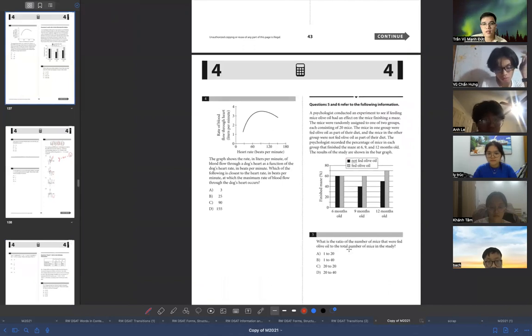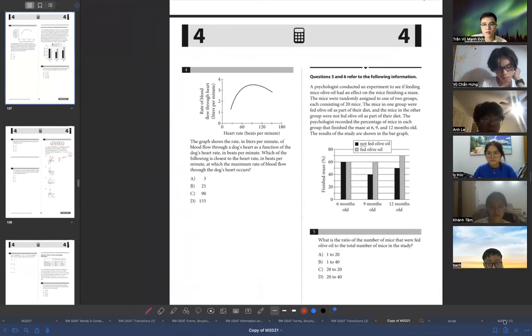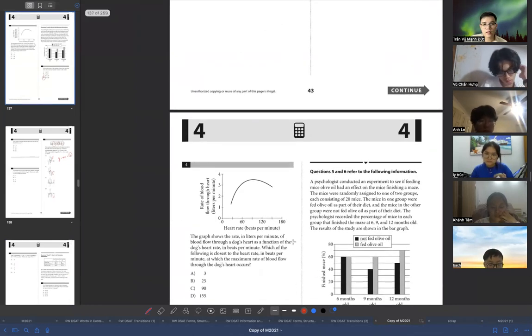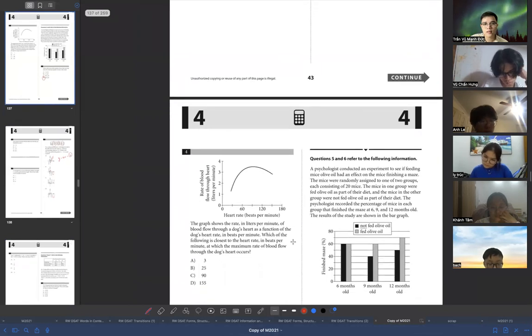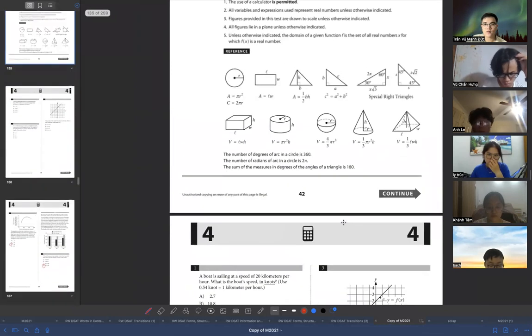And yeah, this one is D, 5D. 5, 6, and 4 is D. And this one, 4 is what? C, is it? 4C. Yeah, it's not much here. It's very simple.